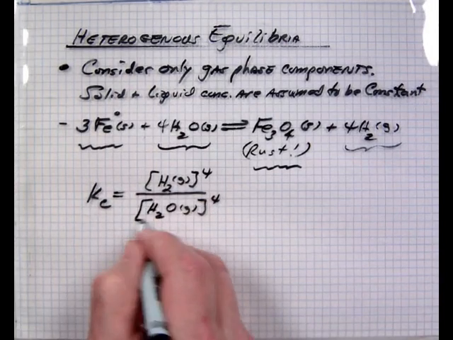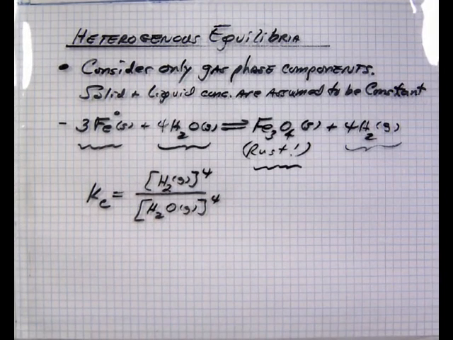So in a typical exam problem, you may be given something like this, and you're given concentration data for every component in there, and asked to calculate the K value. Well, the concentration data for the solids and liquids you ignore and write your expression and substitute the values for the gas phase only.